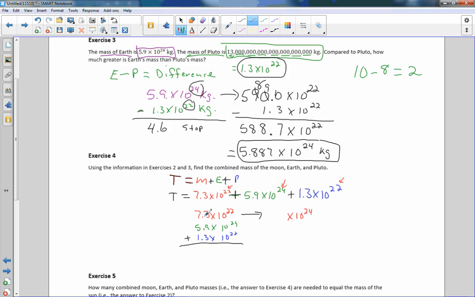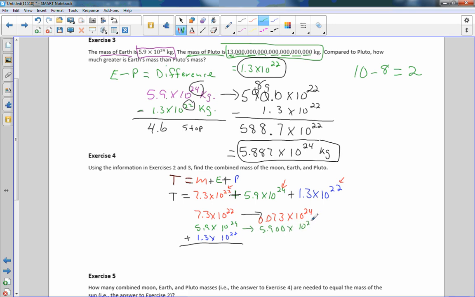So my decimal is now going to be before the 7. It was here, so here's 1, here is 2. So it's going to be 0.073. I moved it 2 decimal places to the left, and now I'm going to change that to 24. I'm going to leave my 5.9 and line up my decimals.